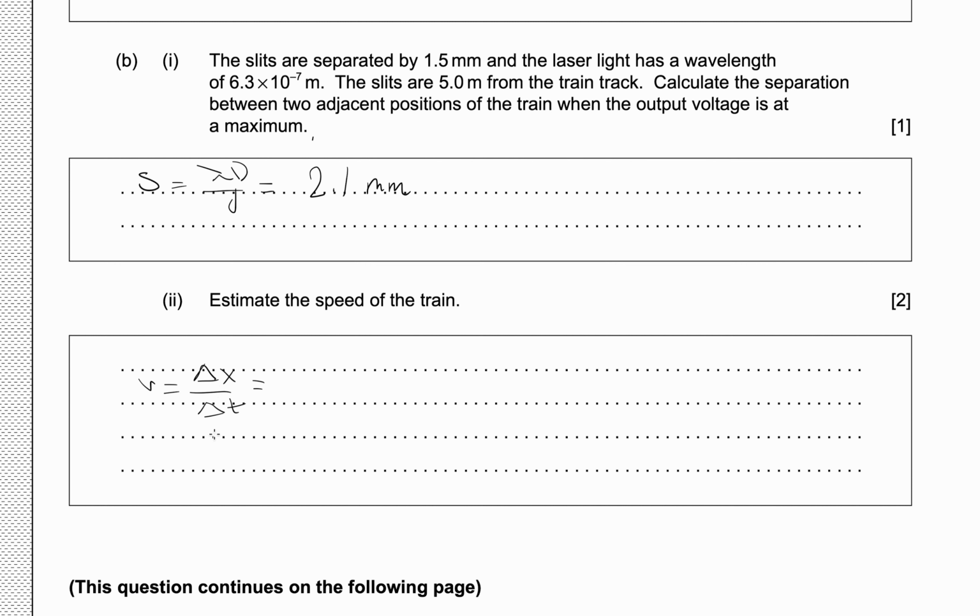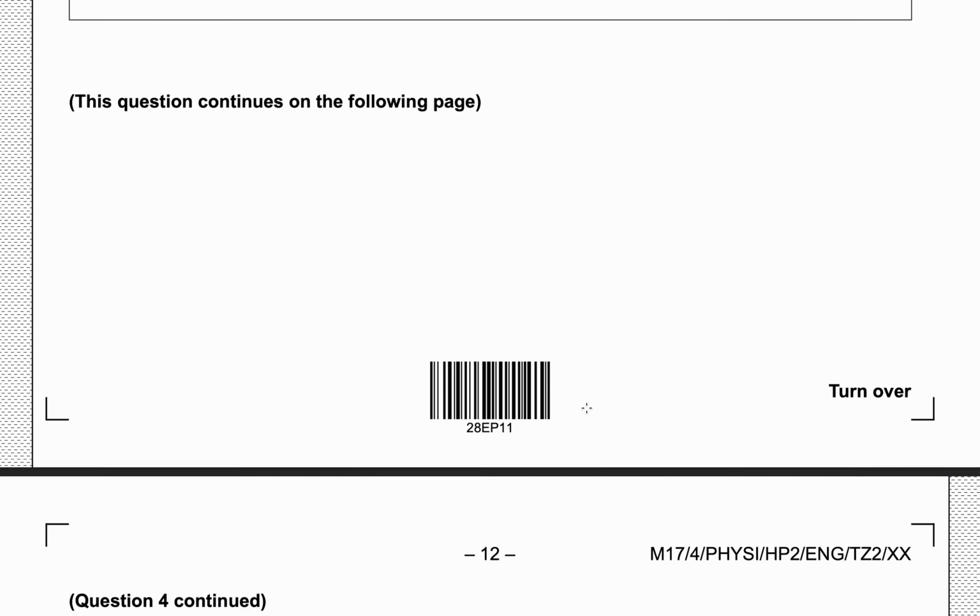We have Δt and we have Δx as well: 2.1, we just found Δx. So 2.1 × 10^-3 over 25 × 10^-3. These will cancel out, and if you calculate that, we get a value of 8.4 × 10^-2 meters per second. So that's the speed of your train.